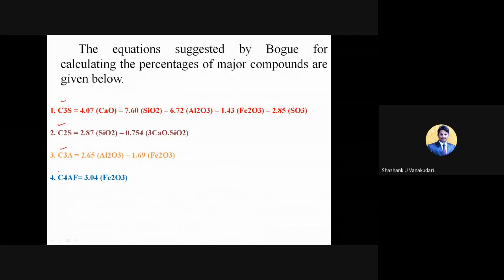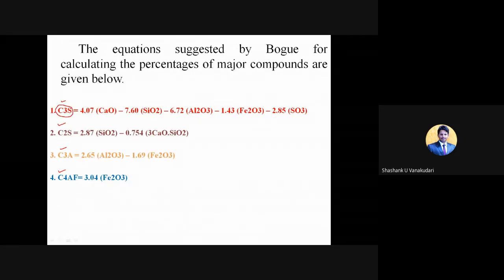And similarly for the fourth compound, how much percent is there, that is tetracalcium aluminoferrite. So for that, certain formulas have been discovered, and once you substitute the values you will come to know the total percentage of these compounds in the cement.